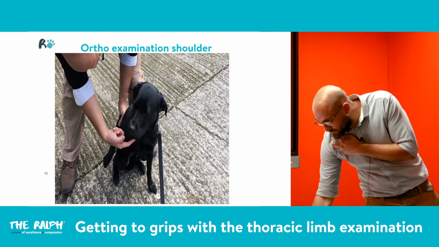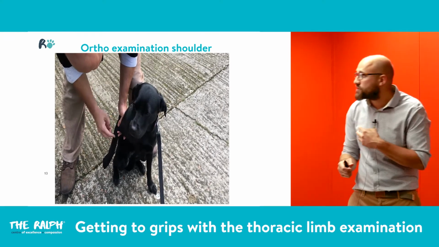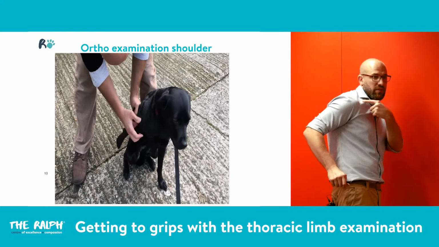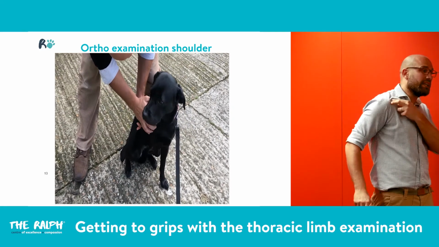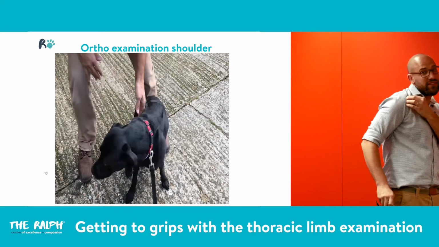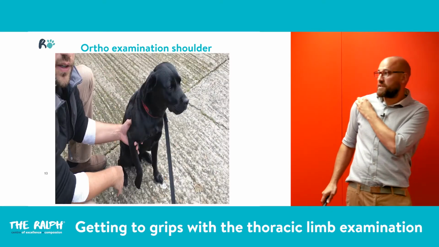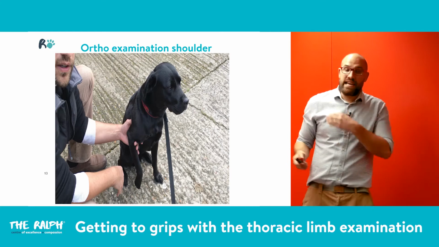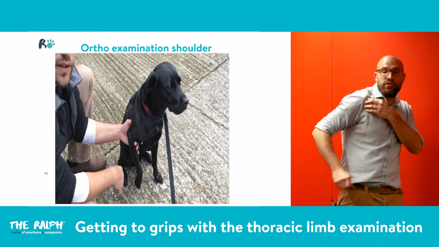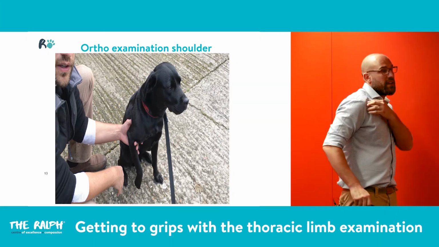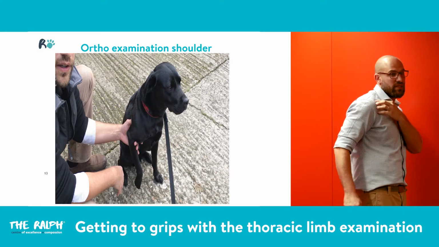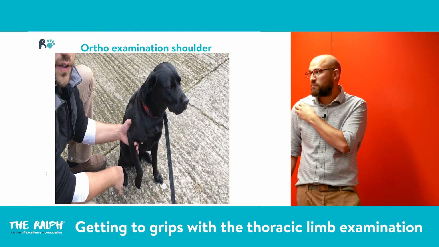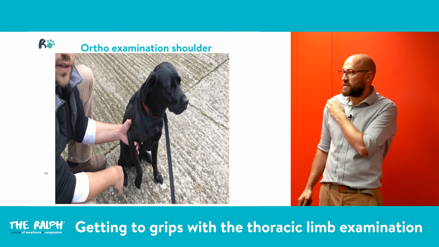If at the same time you squeeze with just one finger where the insertion of the biceps tendon is, and you get a lot of pain, you know that it's quite likely that the dog has a painful biceps. So if you manage to get some pain when you do the biceps test and at the same time you press on the craniomedial aspect of the shoulder, you know that most likely you have a problem with the biceps tendon.